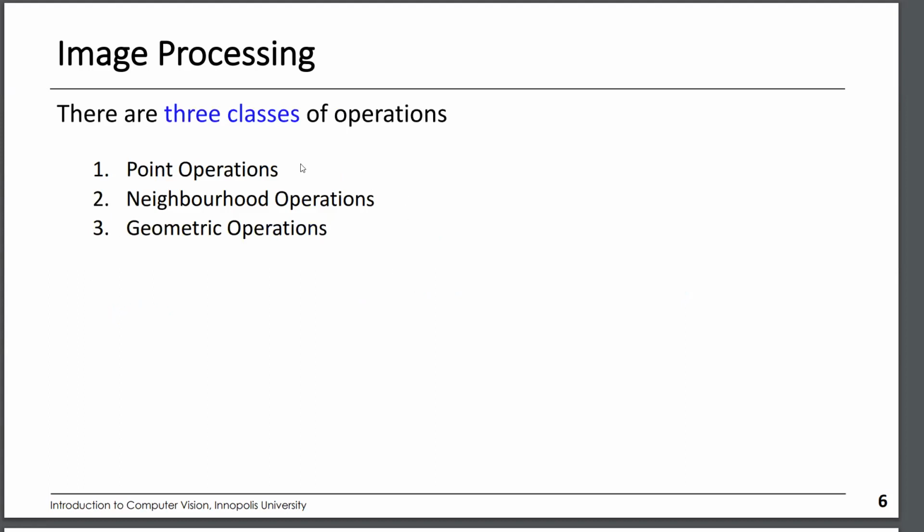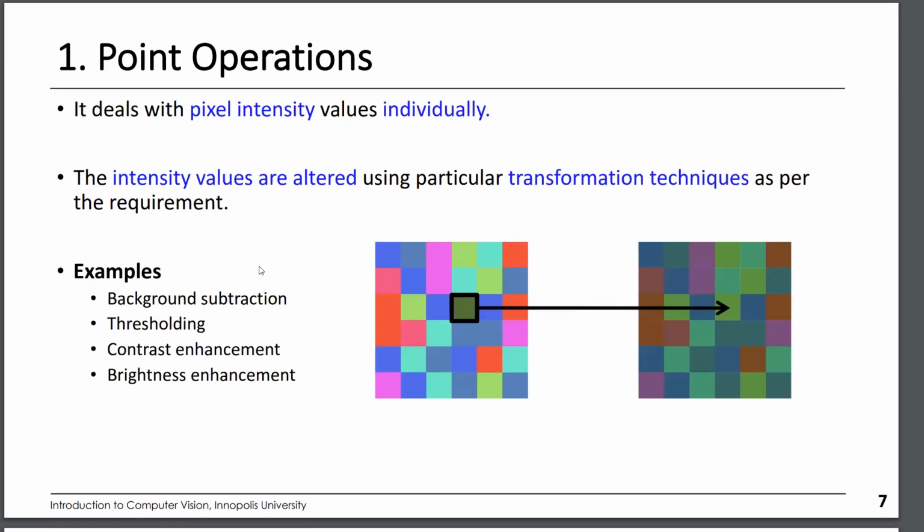There are three main classes of operations that we can see in image processing techniques: point operations, neighborhood operations, and geometric operations. Point operations are pretty much the simplest kind of operations that you can have. They deal with pixel intensity values individually.